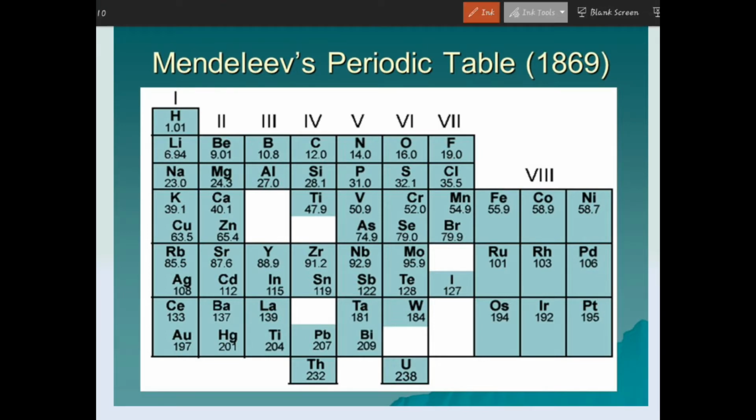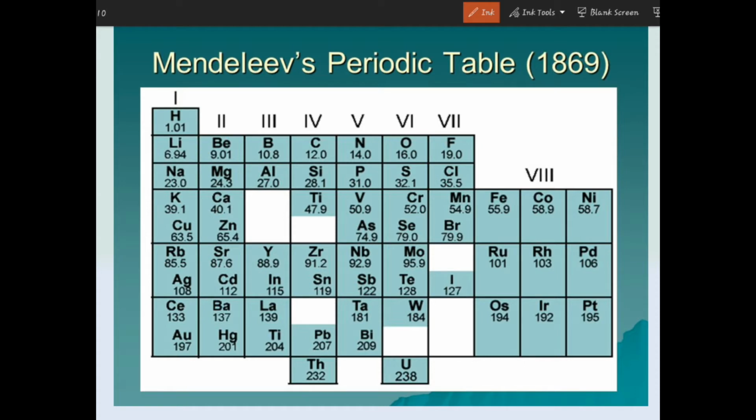When you look at these groups, you can see that below hydrogen, lithium, sodium, potassium, all these elements showed similar properties, hence they form one column. Similarly, if you go to the next group, you can see beryllium, magnesium, calcium form the next group.